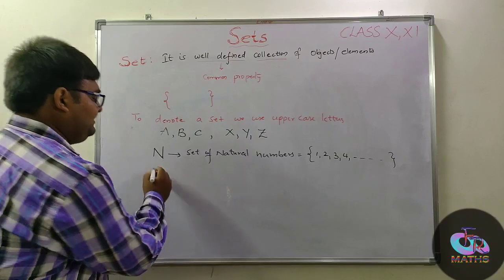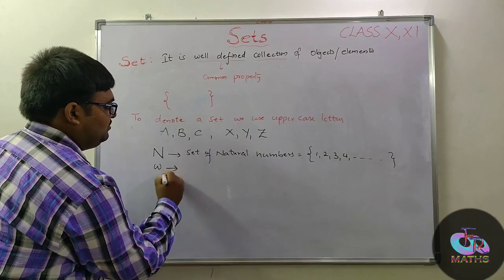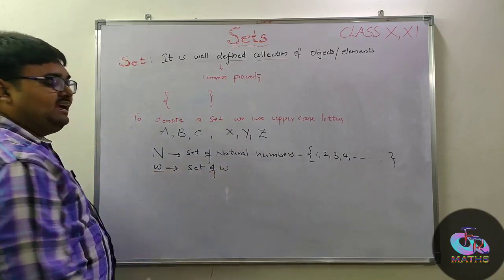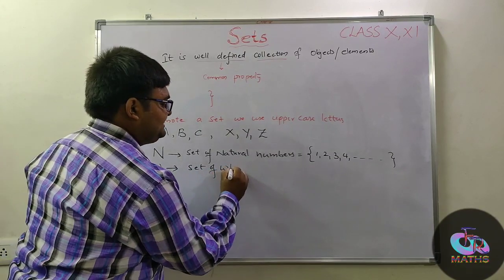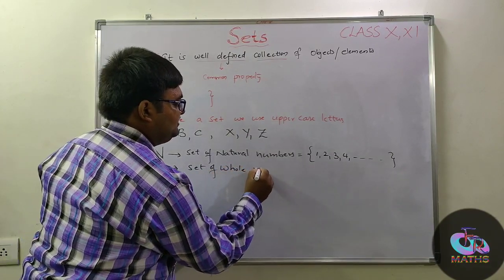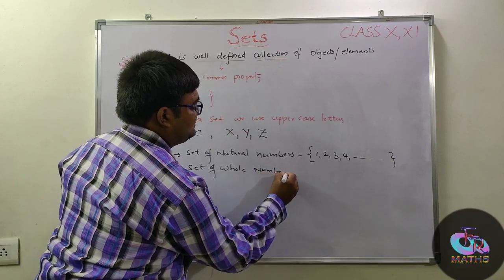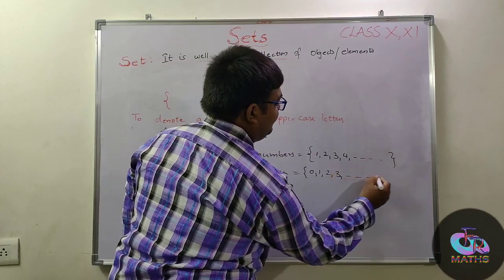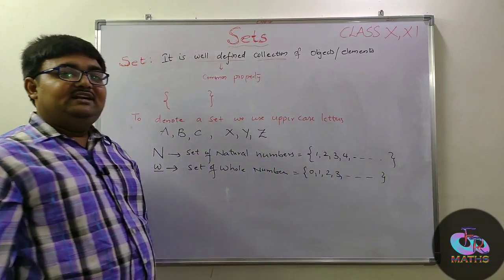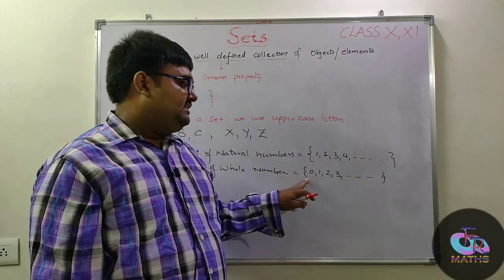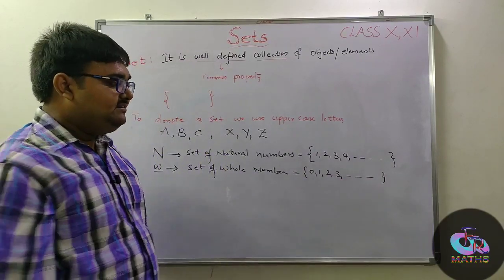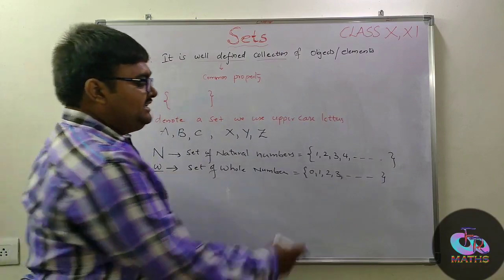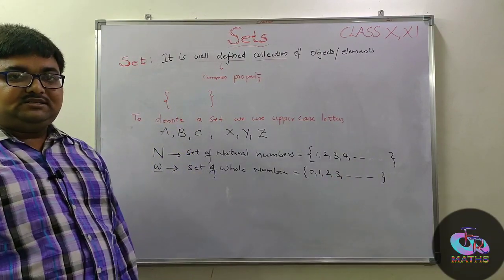In the same way, after this we have whole numbers, represented by capital W. This is the set of whole numbers, represented by 0, 1, 2, 3 and so on. Here you can understand that within the braces you write the elements separated by commas.